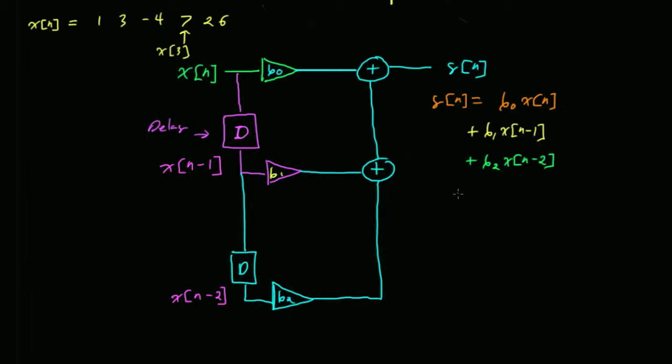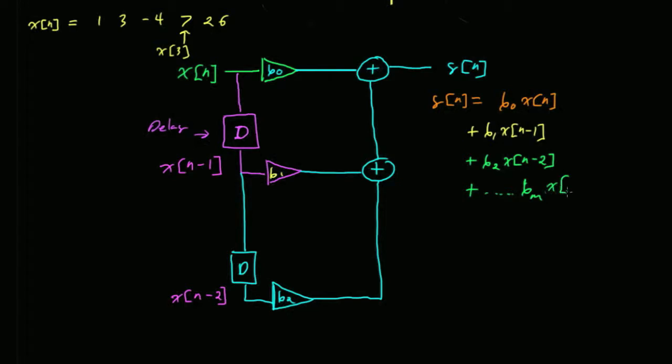No, this is b sub n minus... Right, the last thing would be b sub n times x of... Oh, we can't use n. Crap. What do we do? There's another subscript. I think it's m that we use. So it's x of n minus m. Just however many coefficients you have, you just keep going.